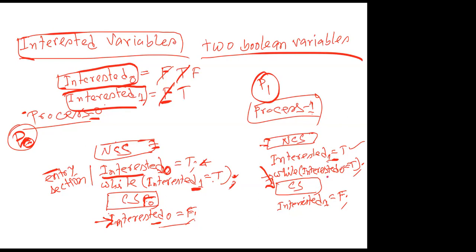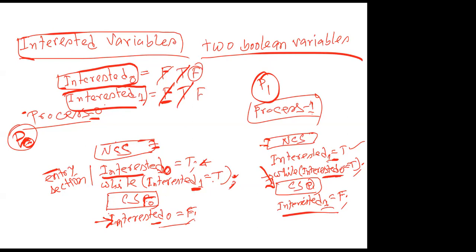This variable is currently false, so it will skip this while loop, and P1 will also enter the critical section, complete this part, and make interested[1] false.